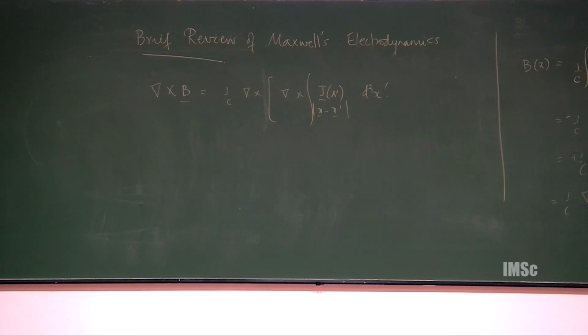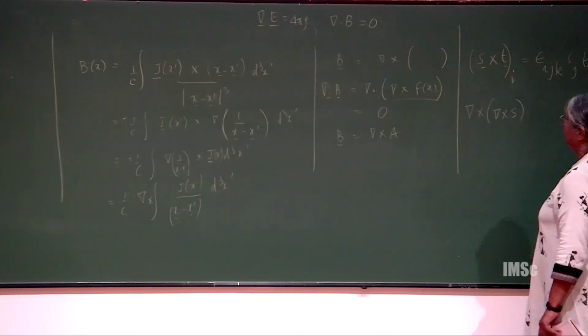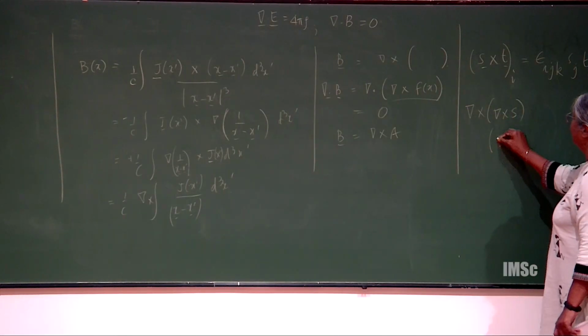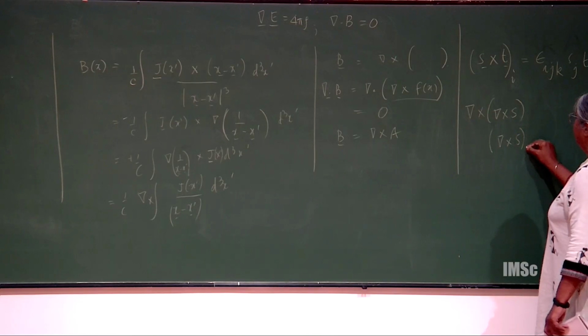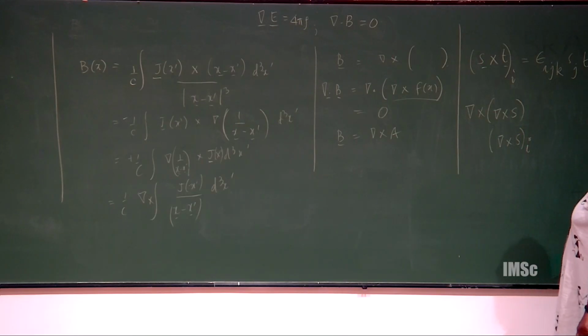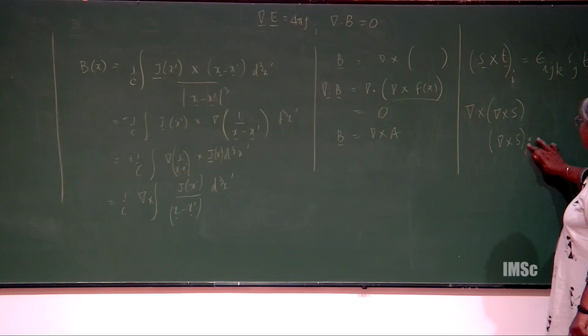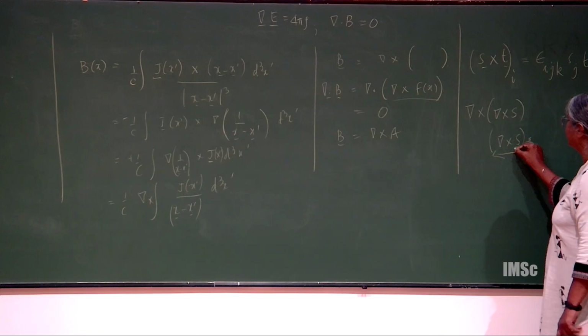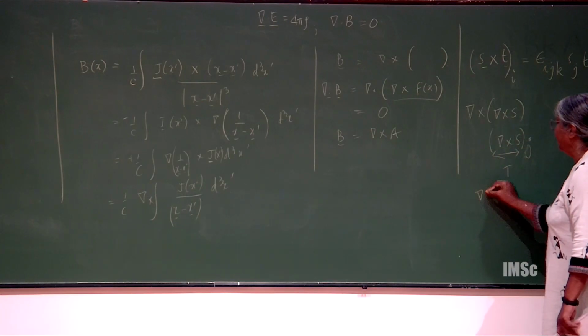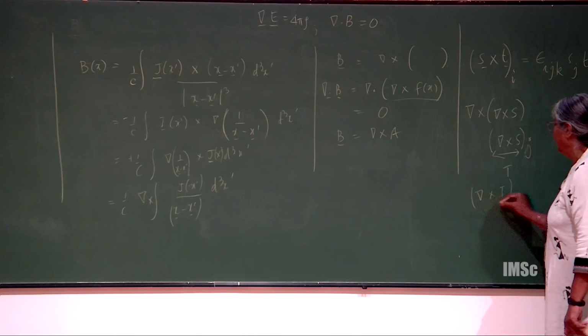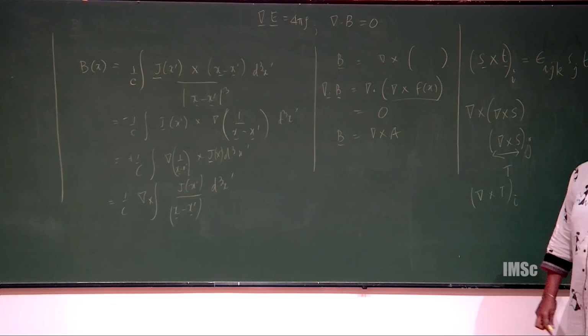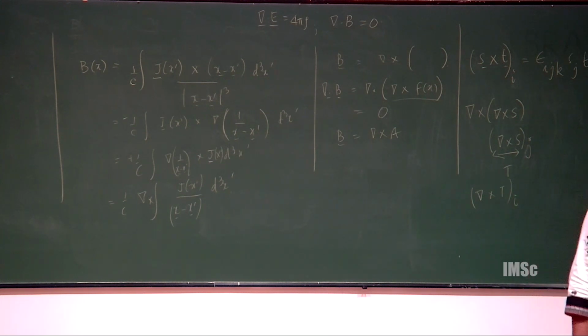Use this formula, so first you write del cross S, ith component in terms of epsilon ijk, or write the jth component, and then you call this some t, so then you find del cross t, ith component. Okay, will you please do this and see what you get?